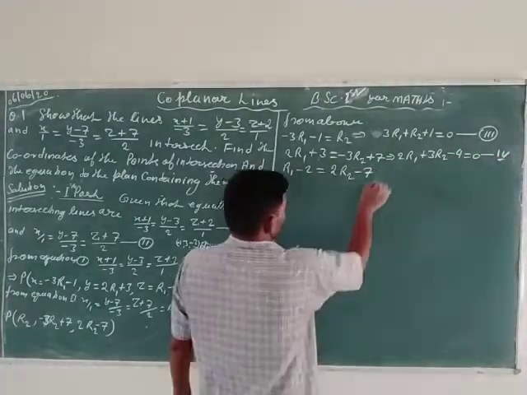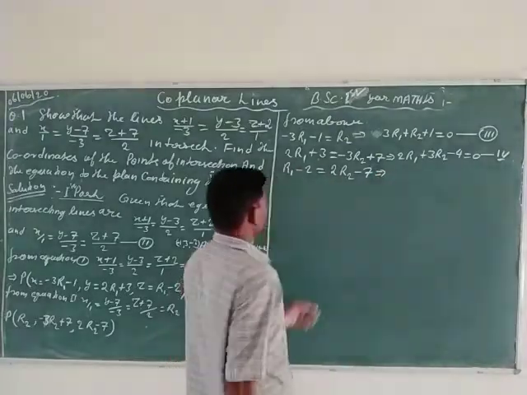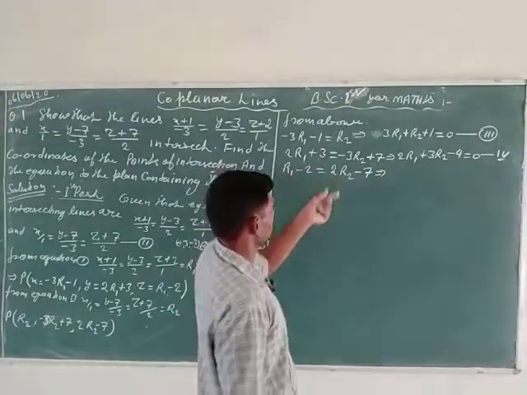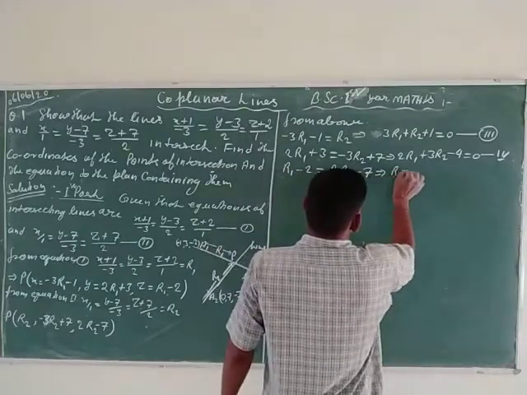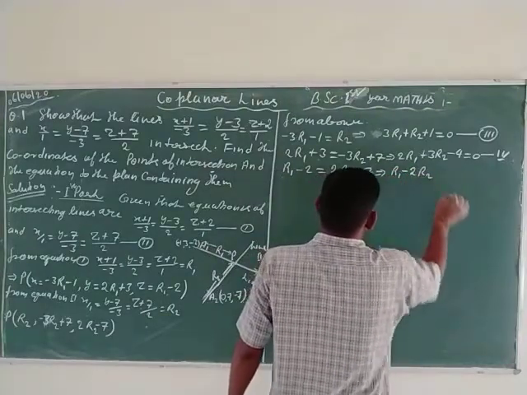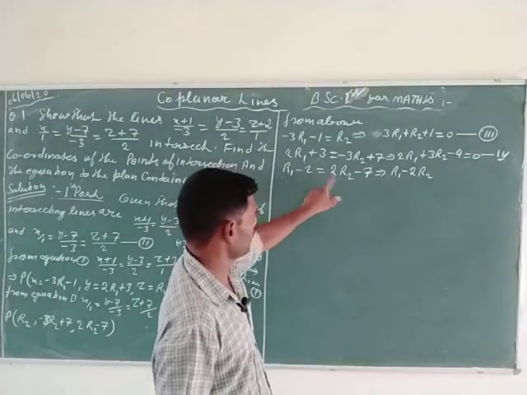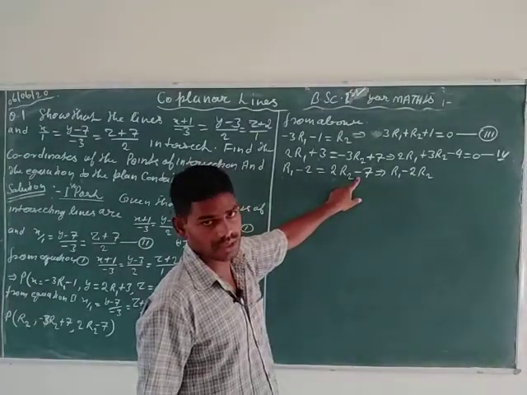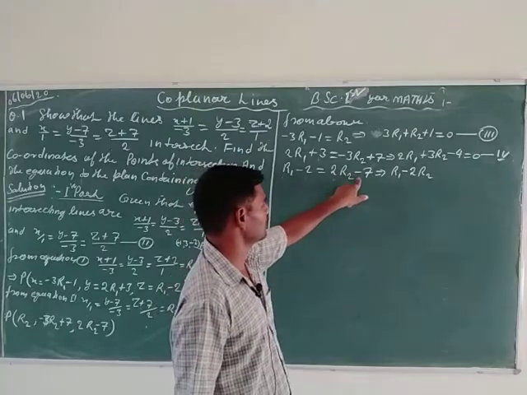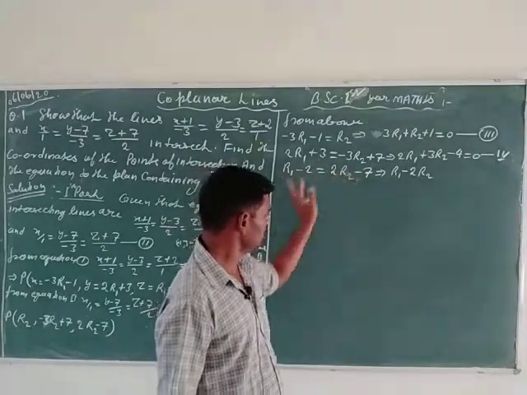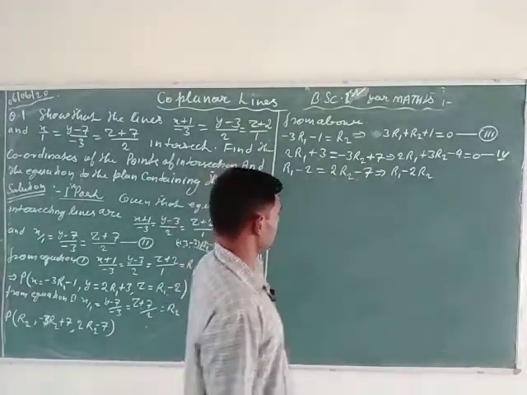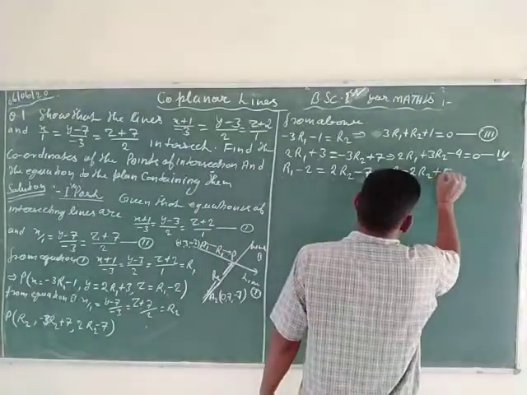At last, from the third coordinate, r1 minus 2 r2, and minus 2 minus 7 combine to give minus 5 on the right-hand side. Taking it to the left-hand side, write plus 5 is equal to 0.